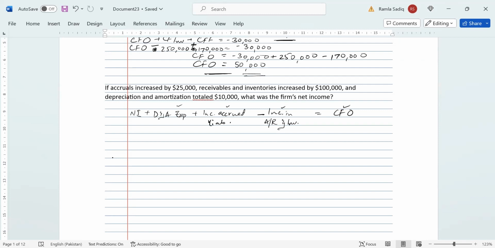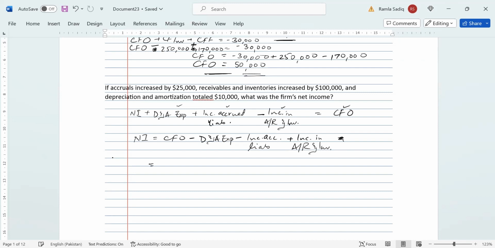If we modify this formula, net income would equal cash flow from operating activities minus depreciation and amortization expense, because the positive becomes a negative on the other side, again minus increase in accrued liabilities, and lastly, plus increase in accounts receivable and inventories, because the negative becomes a positive. This is how we'd calculate our net income.